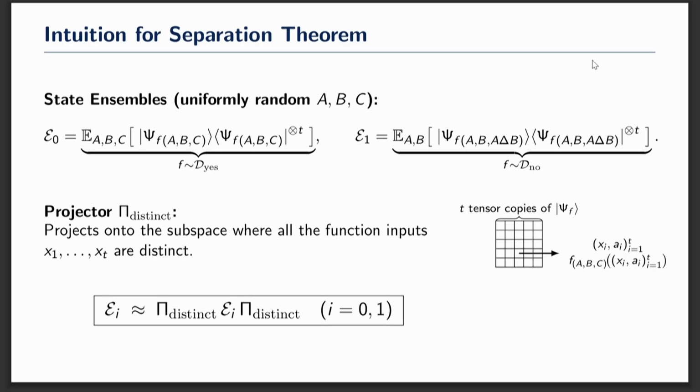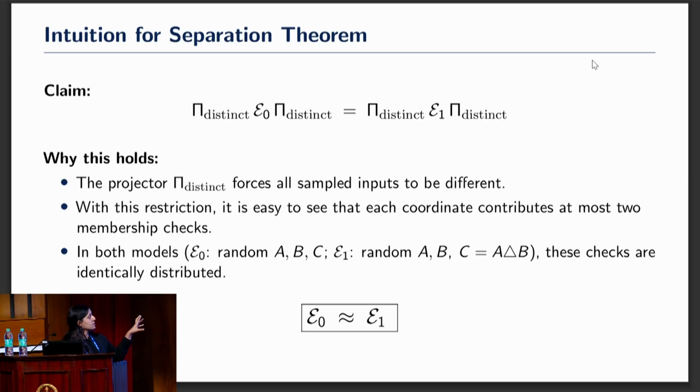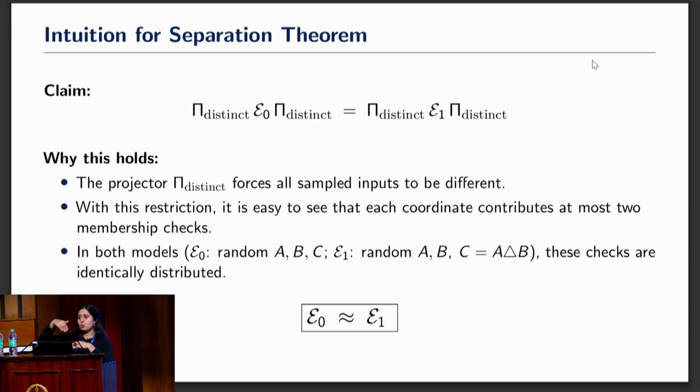And we can show that these original distributions are very close to the distributions where you've projected onto where everything is distinct. And then we claim that actually these projected ensembles are in fact equal to each other. And why is this? Well, the projector forces all sampled inputs to be different. And now if you look at a single coordinate in your matrix, each row and each column contributes at most 2 membership checks.